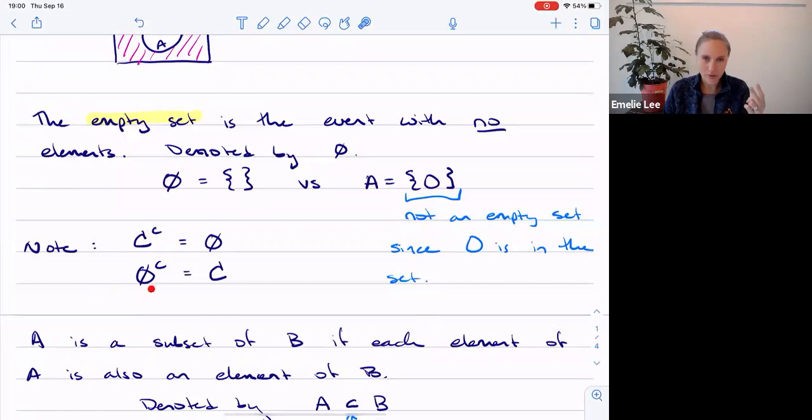Similarly, if you flip it, the complement of the empty set, so no elements, is going to be all possible elements, which is the sample space. And so these we use sometimes for proofs specifically.